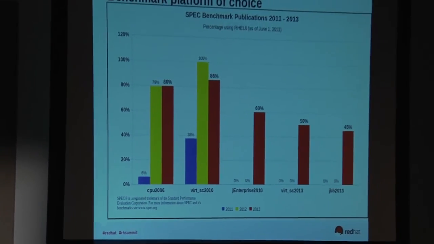You can see the mix of results out there, right? And so I don't want to make this a marketing presentation because you guys would throw half-rotten fruit at me. But what we are seeing instead, I'm just going to count the number of benchmarks our partners are doing and publishing on Red Hat Enterprise 6, for instance.